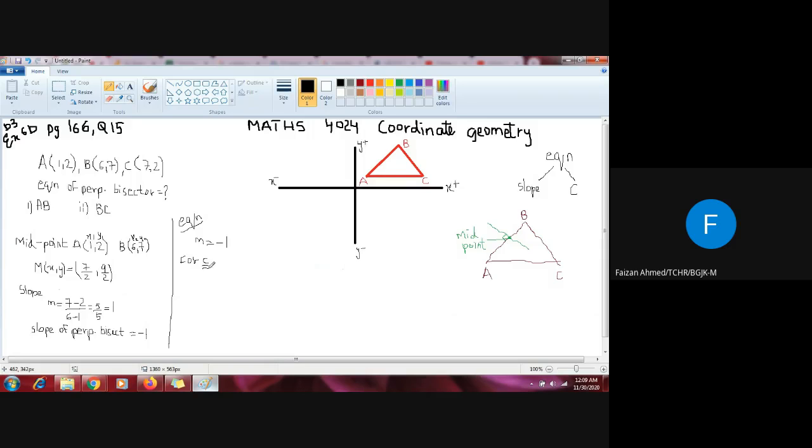So I need the slope, that is minus 1, and one point on that line. Since this is the midpoint and the perpendicular bisector is passing through this midpoint, I can use this midpoint. The value of x is 7 upon 2, because this point lies on the line, and the value of y is 9 upon 2.